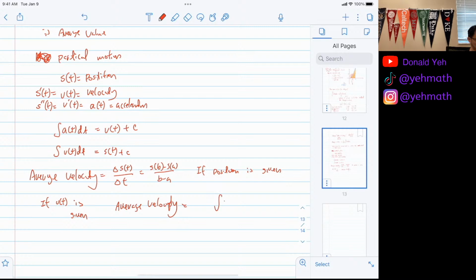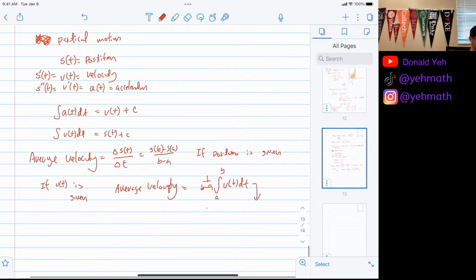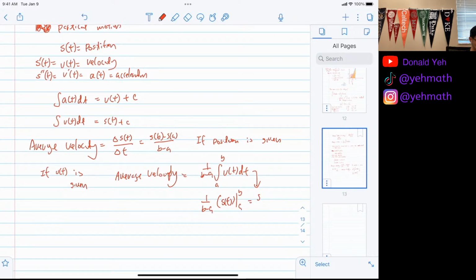If you integrate v of t dt, times 1 over b minus a, from a to b. Why is that though? What happens if you integrate v of t? It's s of t, right, between b and a. Would that equal s of b minus s of a over b minus a? That's going to be the average velocity.